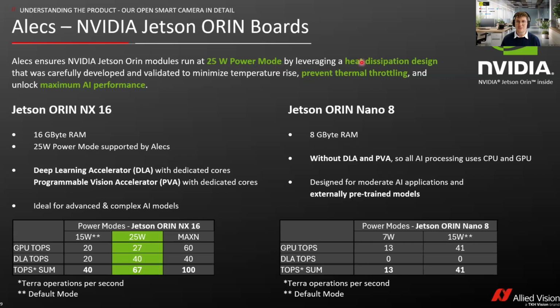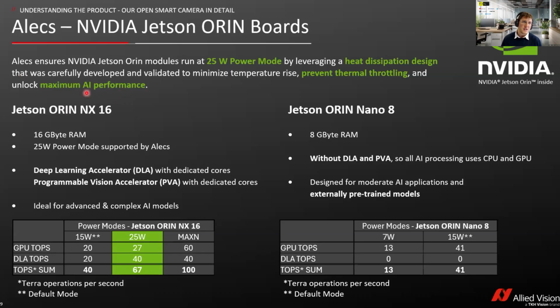And we have this heat dissipation design, so we ensure that the watchdog in the device will not say, okay, it's too hot, I will throttle down the cores of the GPU and so on. We are ensuring that the 25-watt power mode is possible to drive and to use different hardware on the device, to really achieve the maximum AI performance.